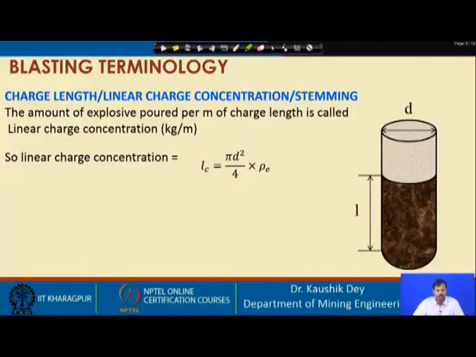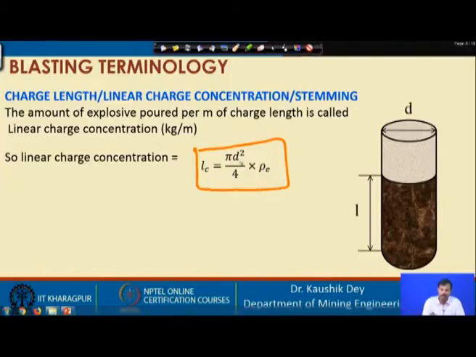Linear charge concentration can be defined using this formula: L c is equal to pi d square by 4 times rho e, where d is the diameter of the hole, pi d square by 4 is the cross section of the drilled hole, and rho e is the density of the explosive.